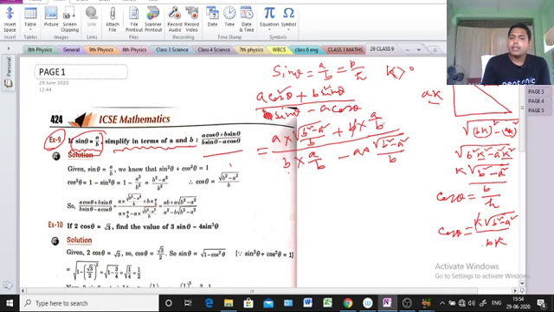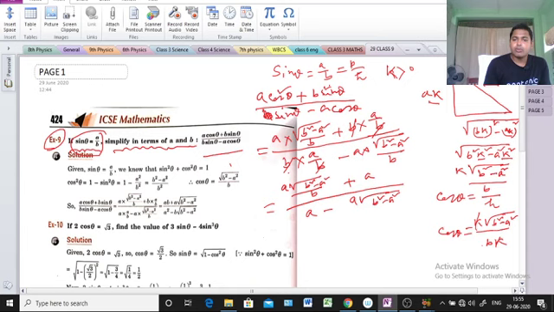Here b b will be cancelled, and here also b b cancels. So after cancellation we are getting a into root over b square minus a square by b plus a in the numerator, and in the denominator a minus a into root over b square minus a square by b.